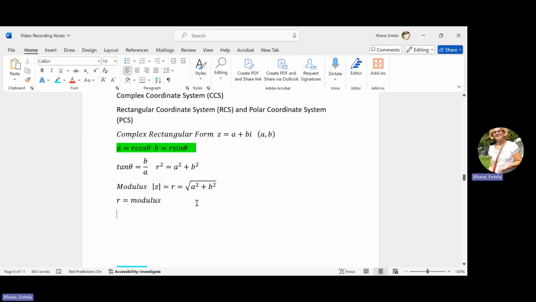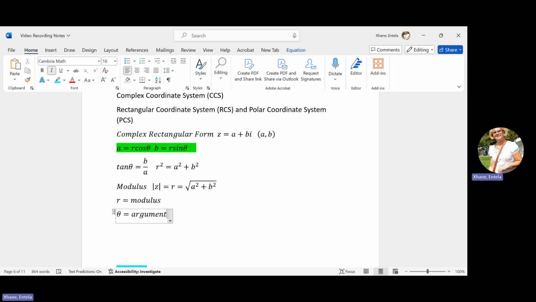Now, if you're wondering what theta is, theta, by the way, is known as the argument. If you're taking science or physics specifically as a class, these are going to be the two popular terms, because in physics, in many applications, you have to rely on this particular system, especially the polar one. Using the terms modulus and argument is very common in different applications.